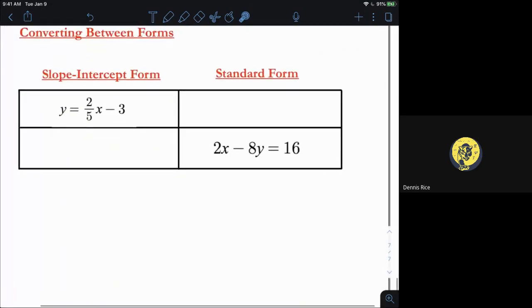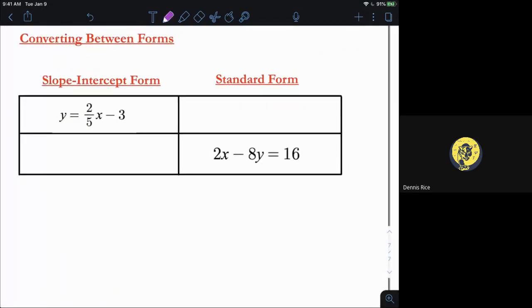Converting between forms. I don't know how to make this table otherwise, but this is what I really meant. Hey, if that's in slope-intercept form, what would that look like in standard form? And vice versa on the bottom. Hey, if that's what it is in standard form, what would that look like in y equals mx plus b?